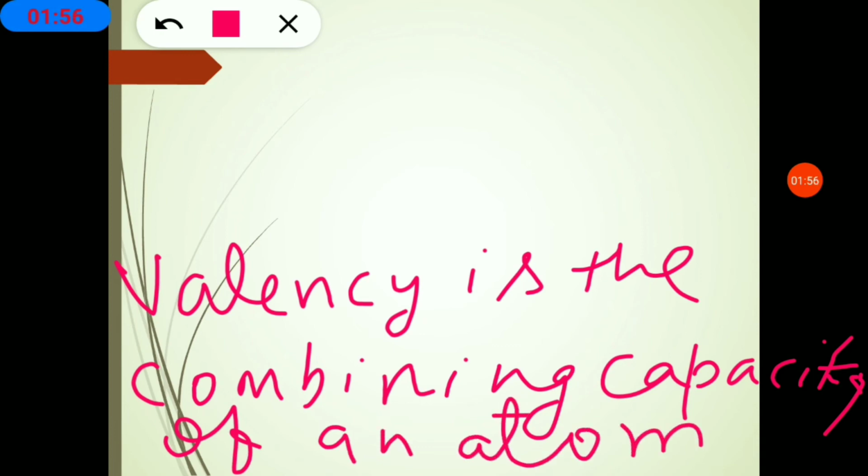Clear? So this is the valency actually. What is the valency? Combining capacity. So how are they combining? By donating 1 electron or by gaining 1 electron. They both elements are combining and forming the compound NaCl. There are many examples we can take. So now here we understood what is the valency.